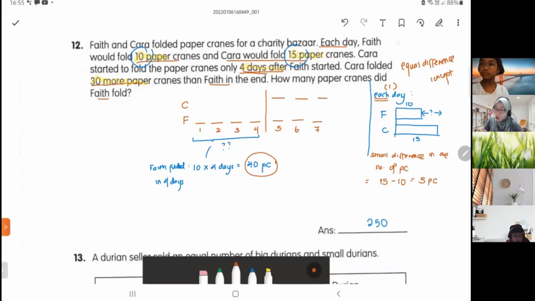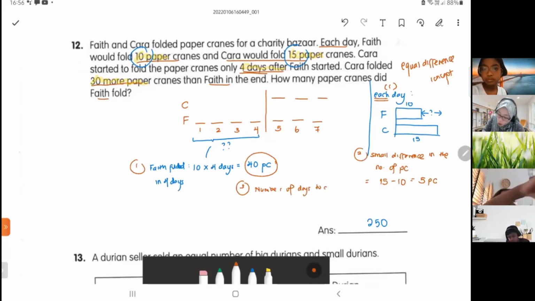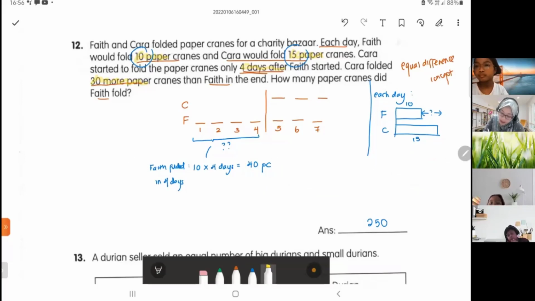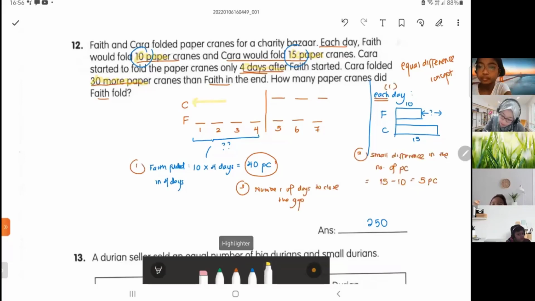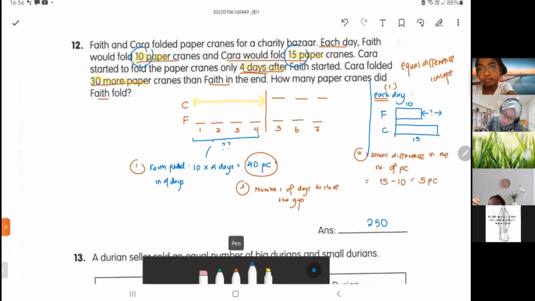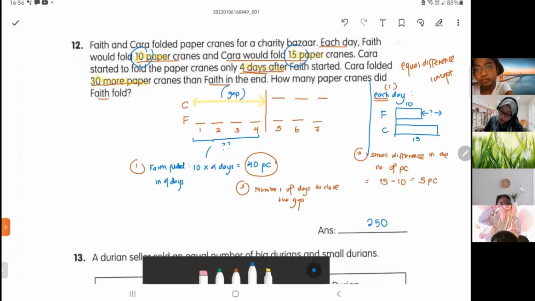That's the difference. So this is my first step, this is my second step, this is my third step. I want to find the number of days to close the gap. What gap am I talking about? This is the gap. This is my gap. So I want to know how many days are needed to close the gap between Kara and Faith.